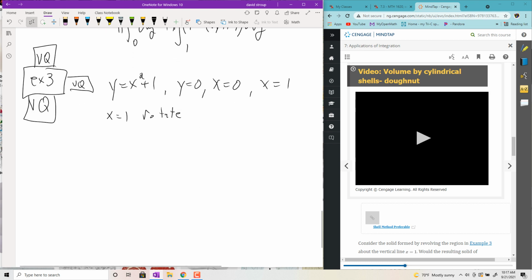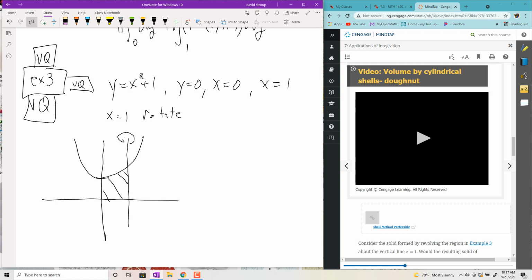So let's get the picture. Here is our graph. That's the region we're rotating, but this time we're going about this line x equals 1. Okay. Shell method all the way, and here is a particular rectangle. The issue when you're doing a non-axis rotation is it changes your radius function.